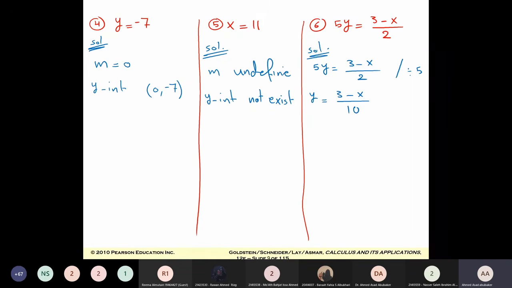Now we can distribute the denominator on the numerators. So we have y equals 3 over 10 minus x over 10. So the slope m equals minus 1 over 10, and the y-intercept is (0, 3 over 10).